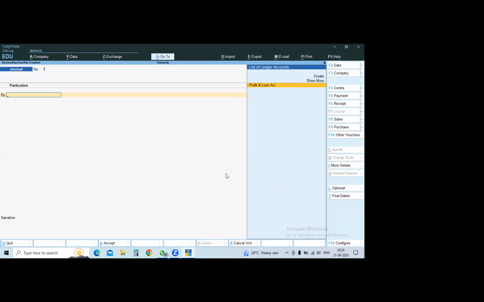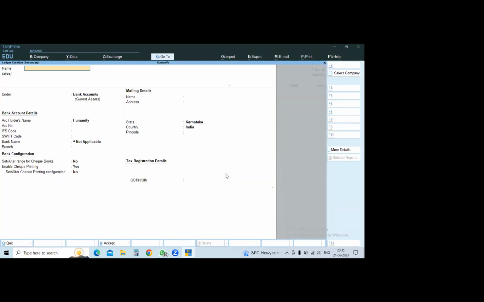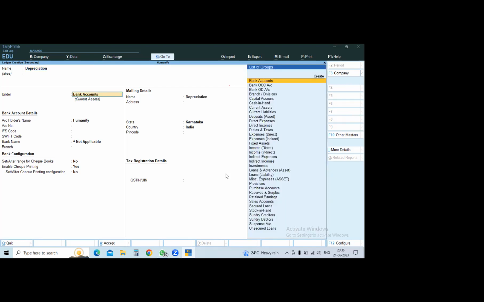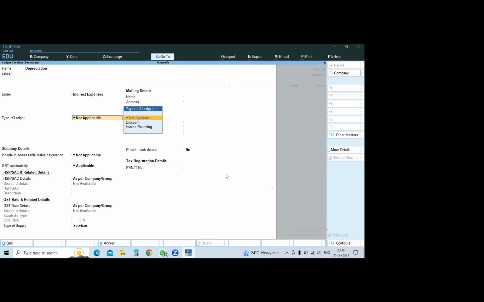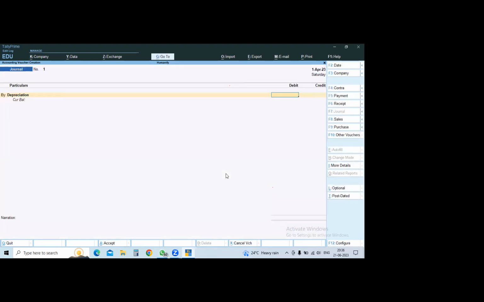Create with Alt C. Depreciation is an expense, so you take it under expenses. Enter indirect expenses. Ctrl A to accept. Amount, you give the total, 2,300.